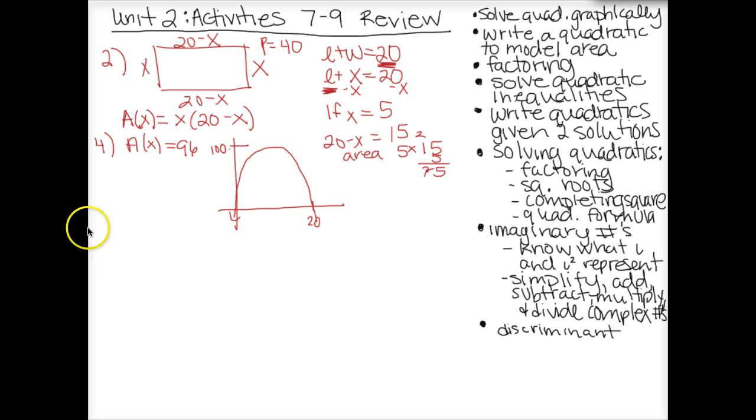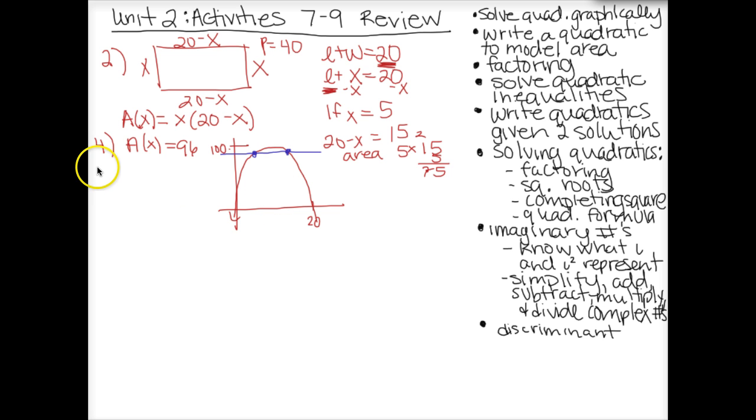So when it says to demonstrate graphically that this is possible, that just means to do something like this. To say, I can find 2 intersection points which represent the values of x that would give me an area of 96. So graphically, that's what that means.